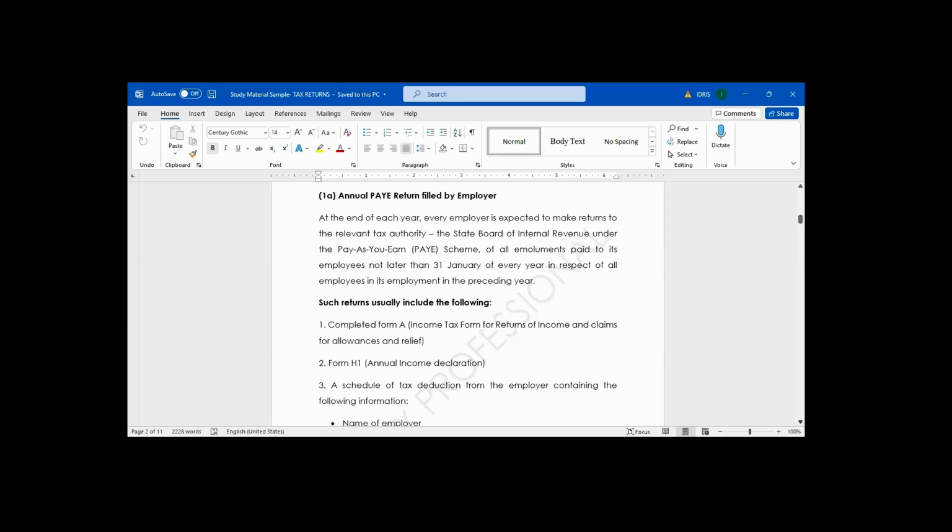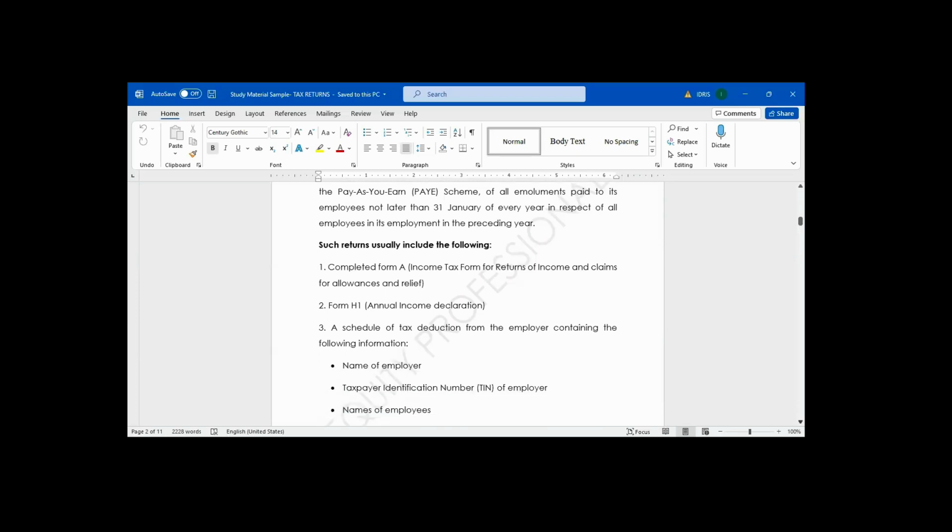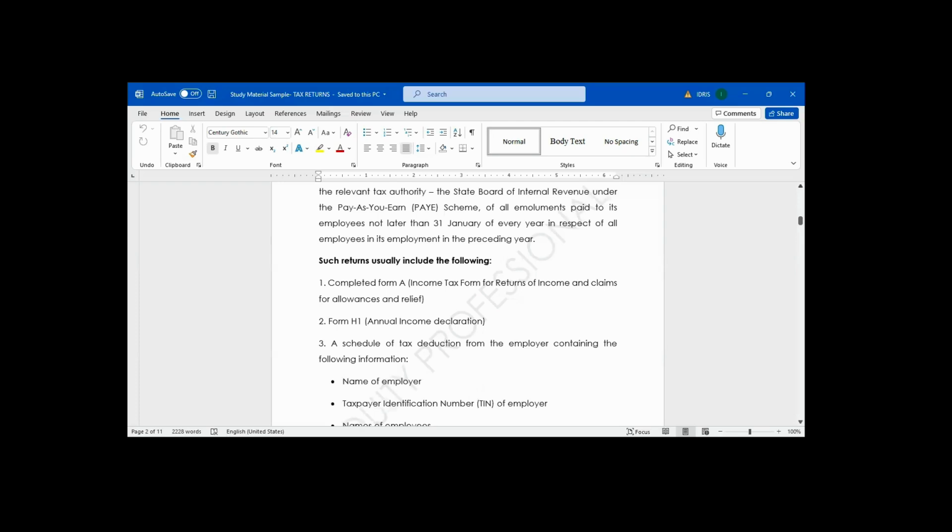That means the PAYE return for the month of June must be filed not later than 10th of July. But the annual one must be filed by 31st of January of the following year. That means the PAYE return for the year 2025 must be filed not later than 31st of January of 2026.